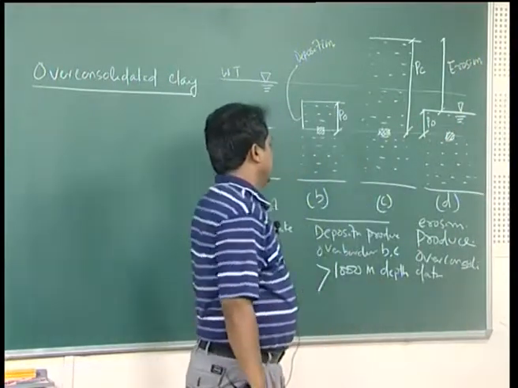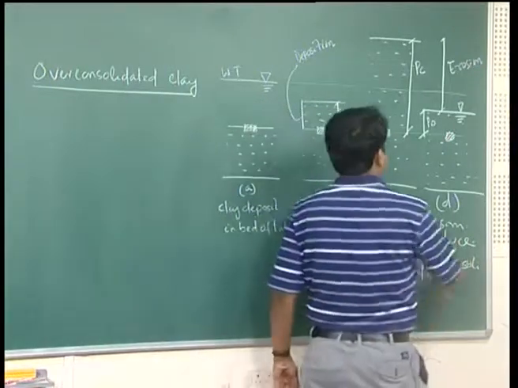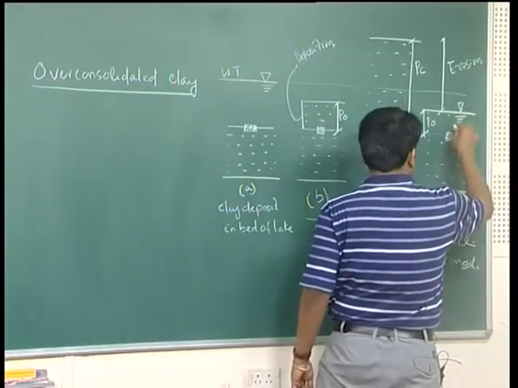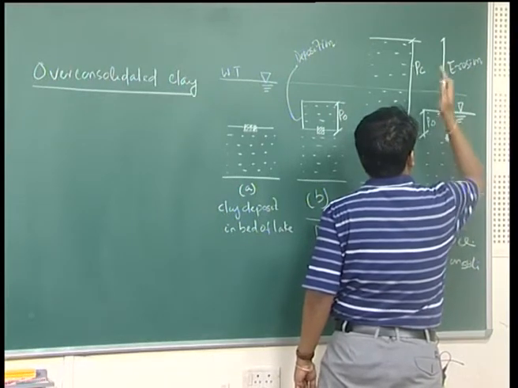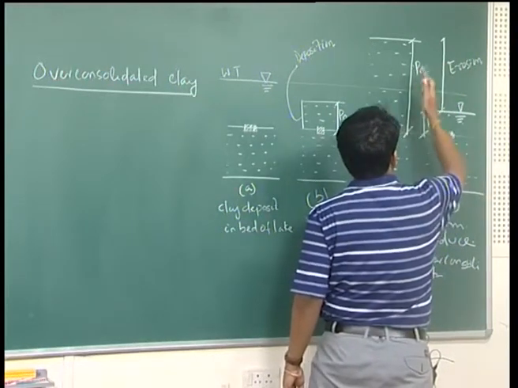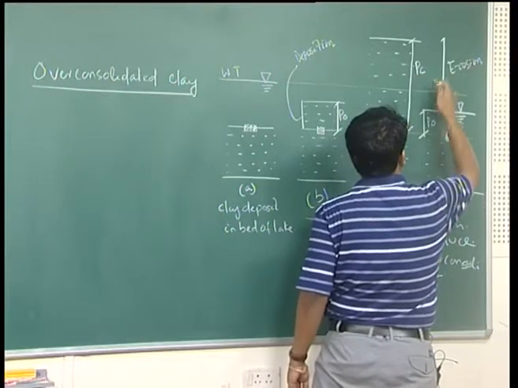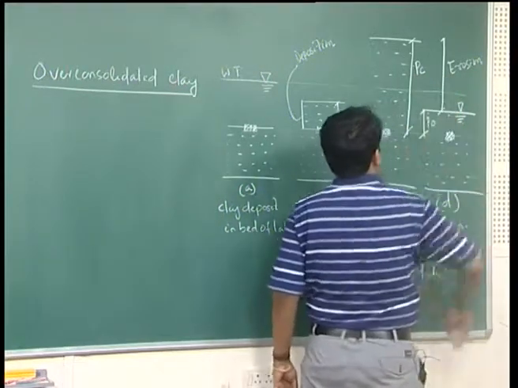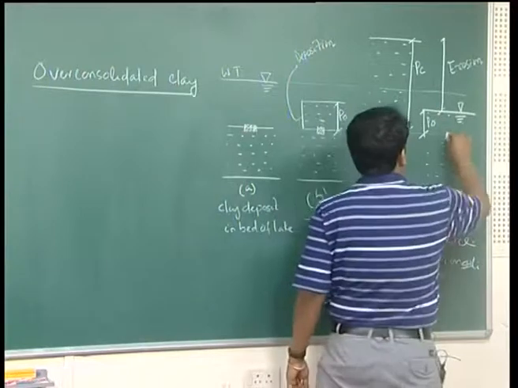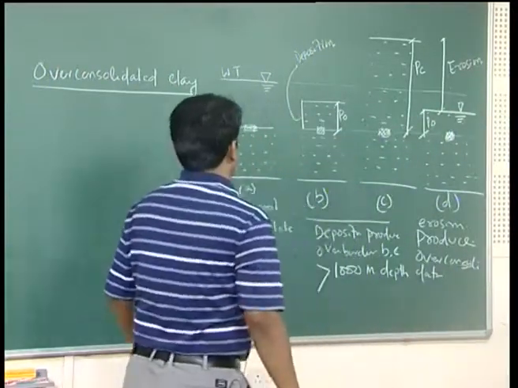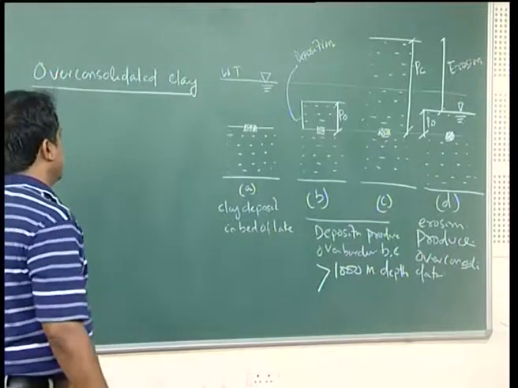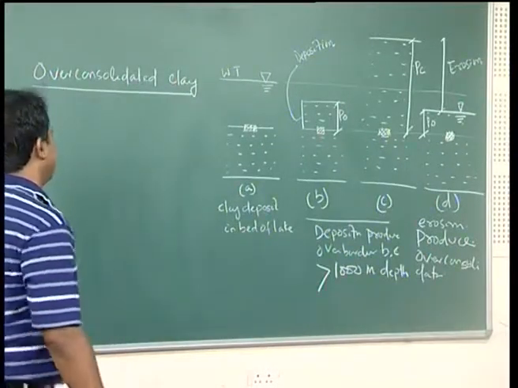So, due to this erosion, in the present state the pre-consolidation pressure is not there, but over consolidation means this consolidation has been over. So, this is a typical example where this clay layer is deposited in a bed of lake.